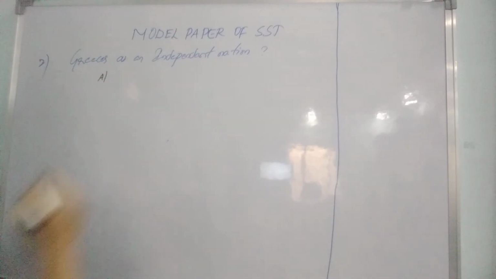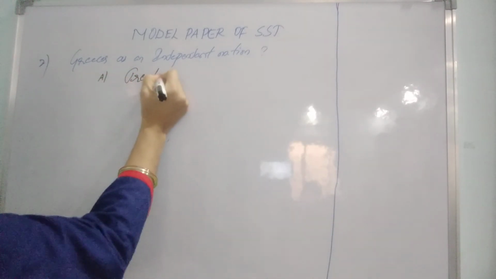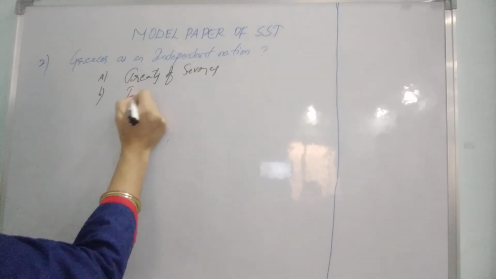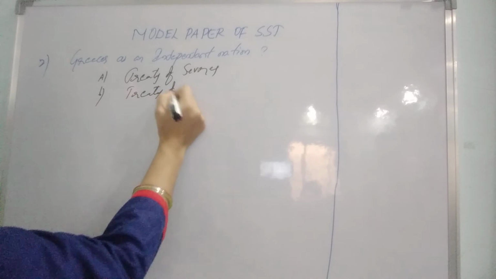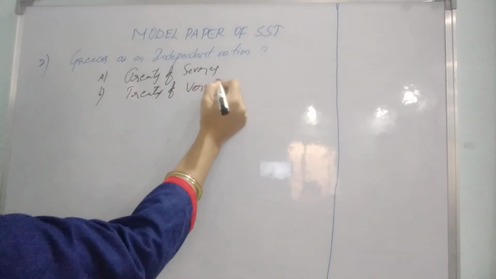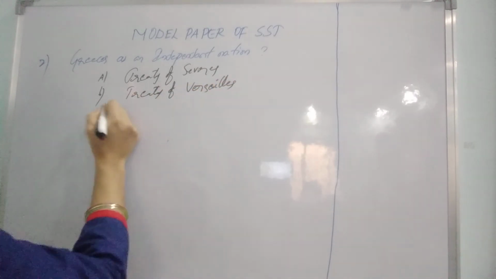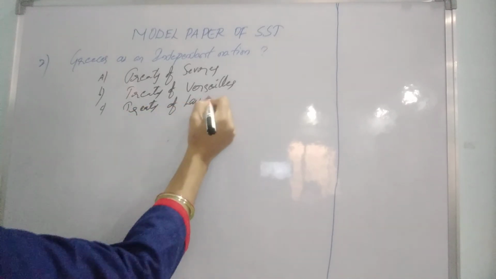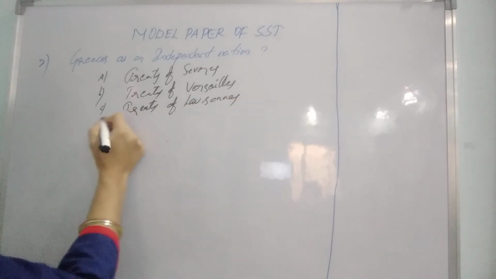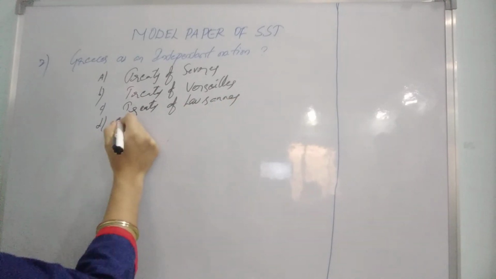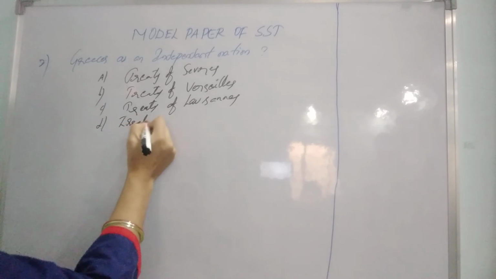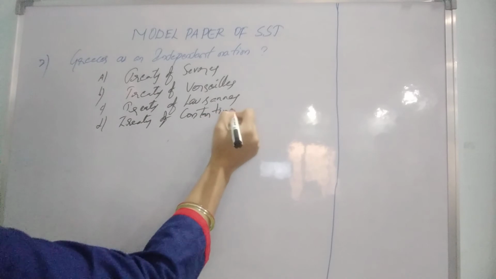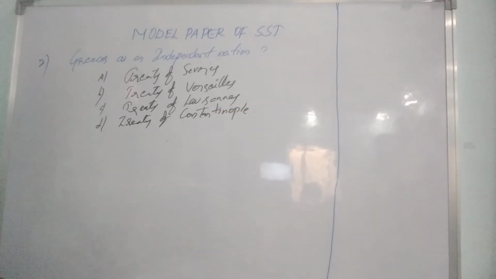Our first option is Treaty of Sevres, the second option is Treaty of Versailles, the third option is Treaty of Lausanne, and the last option is Treaty of Constantinople. Which is our correct answer?